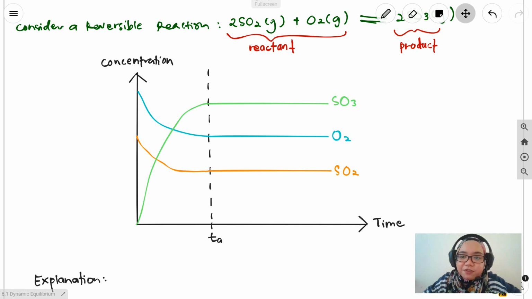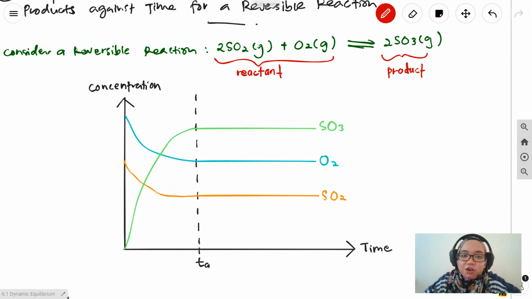So at the beginning of the reaction, the reactant will produce product. That is why the concentration of the reactant decreases over time. And the rate of forward reaction decreases over time as well, because makin lama concentration makin sikit kan, makin decreases. That's why the rate of forward reaction decreases as well.